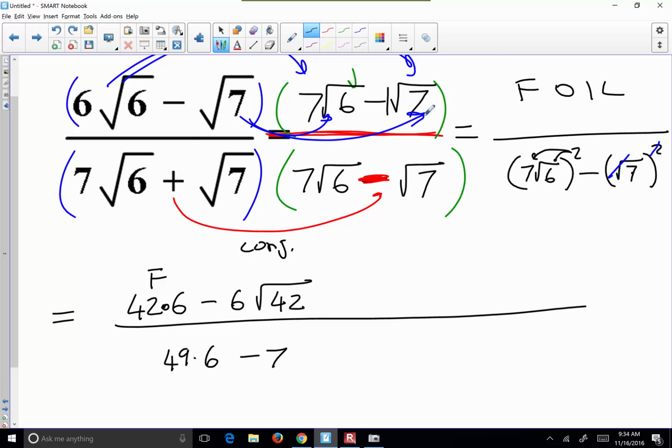So you multiply inside of the radicals. Now I'm in I, inside. Minus 1 times 7 is minus 7. Root 7 times root 6 is root 42. Now the last terms, minus 1 times minus 1 is plus 1. Root 7 times root 7 is just 7.